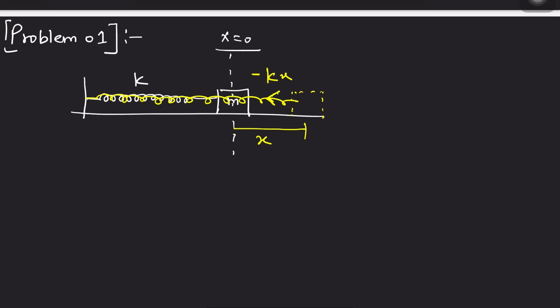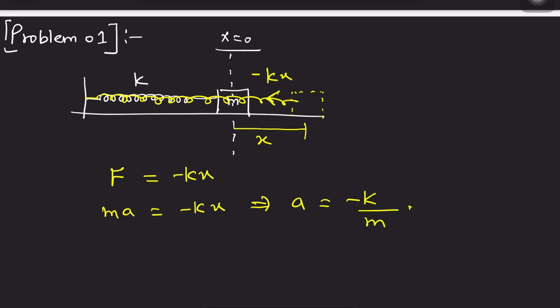So if x is displaced to the right side, the force is going to come in the left side, minus kx. Now we have to write Newton's second law: F is equal to minus kx, and F is equal to mass into acceleration, so ma equals minus kx. So a is equal to minus k by m into x.